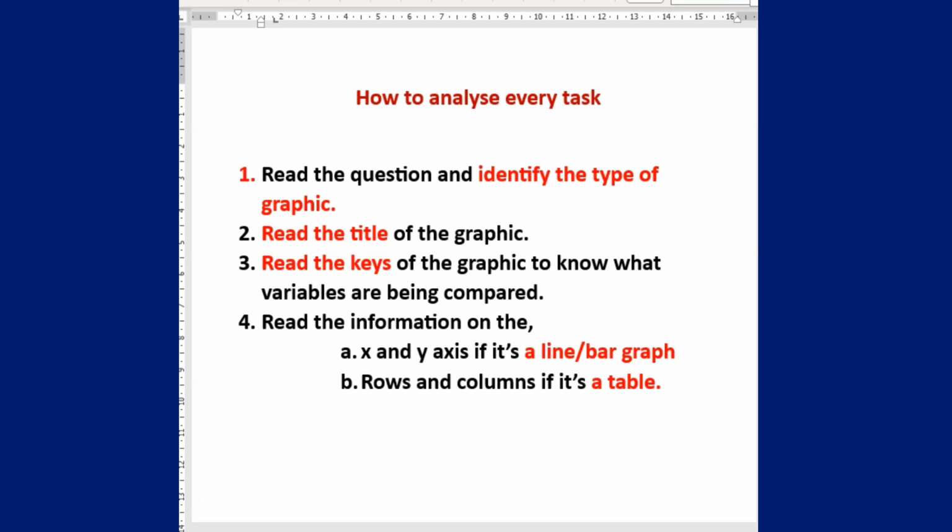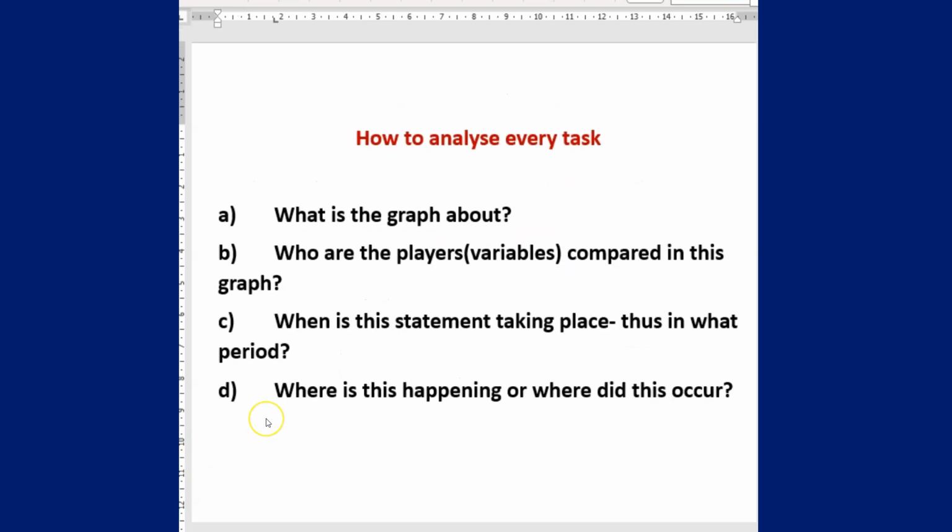So for you to focus your thought on the question itself, to know what exactly the question is about and to examine it, you need to ask some questions. To properly paraphrase it in your own words, you need to ask yourself questions like, what is this graph about?